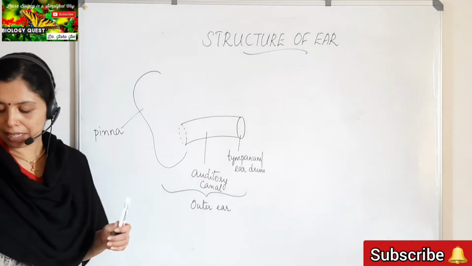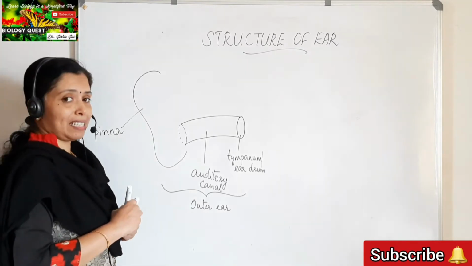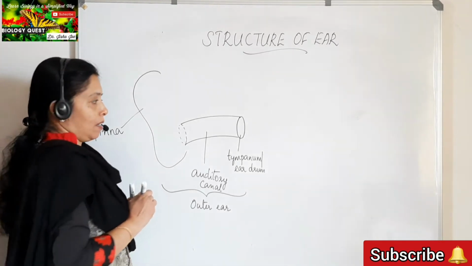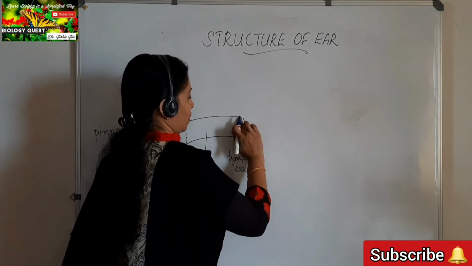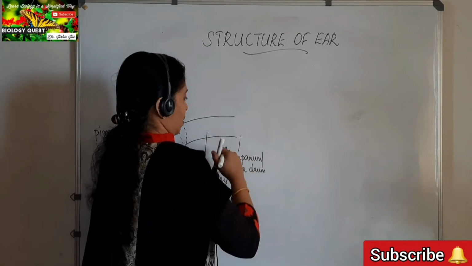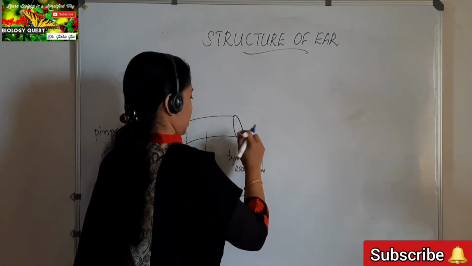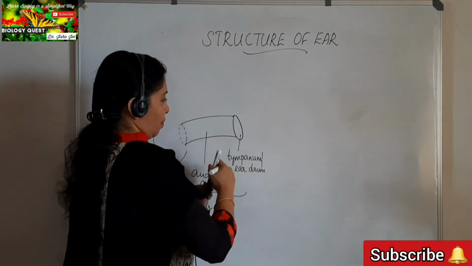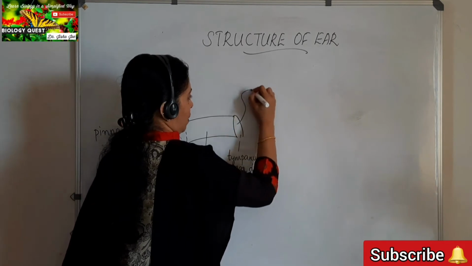Okay, middle ear comprises of three bones, the tiniest bones in our body. First bone, the first bone is the hammer.